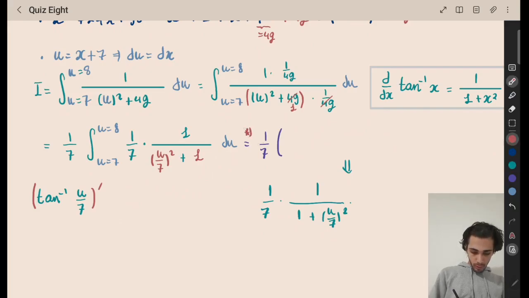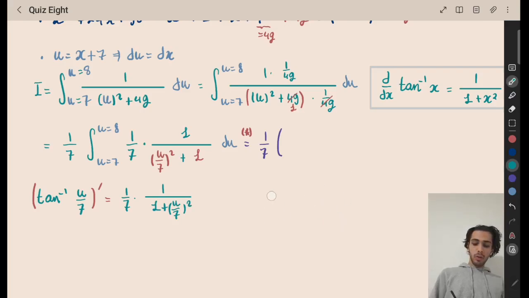So the derivative is 1 over 7 times, okay. So because this is the antiderivative, then the 1 over 7 stays outside, and this is just the derivative, so tan inverse of u over 7.